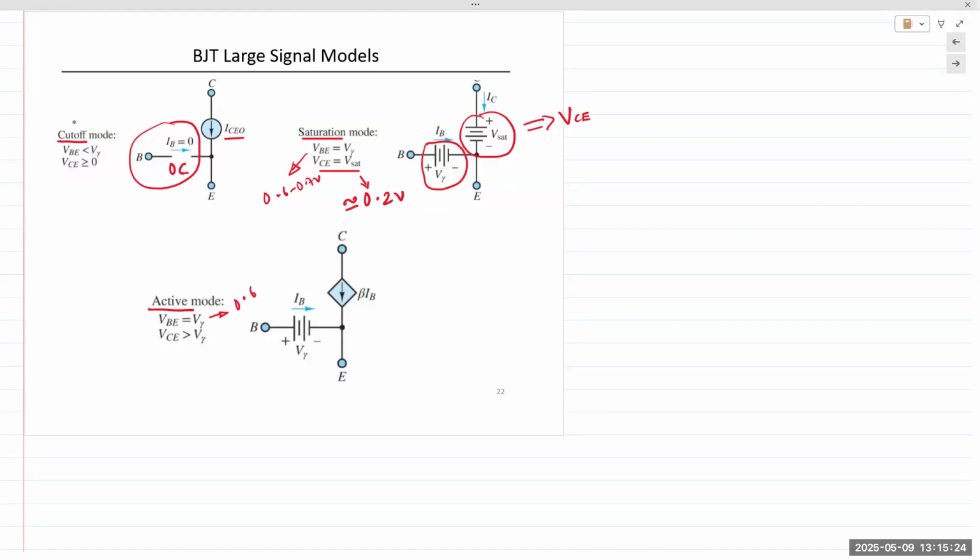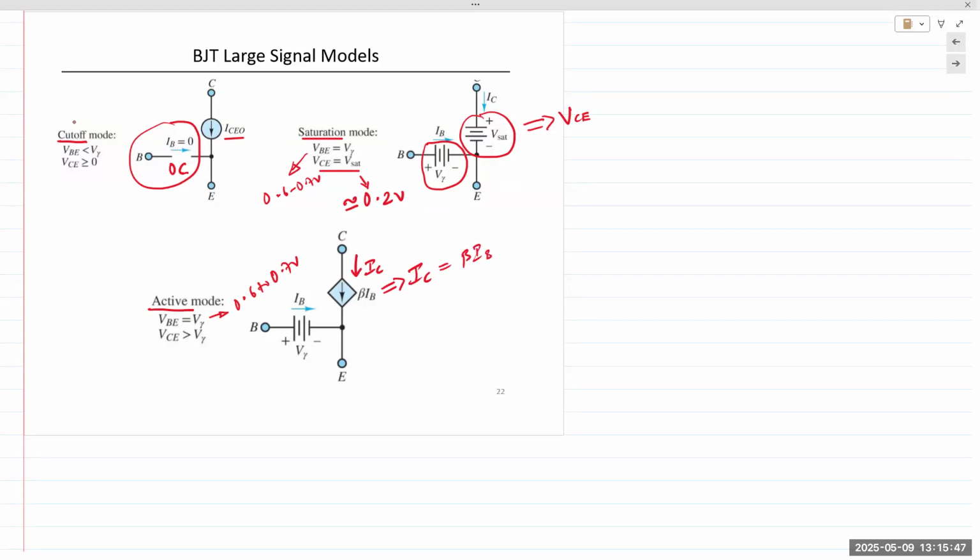And then on the collector side, because it's the active region, the output collector current, flowing in this direction, is equal to beta times IB.